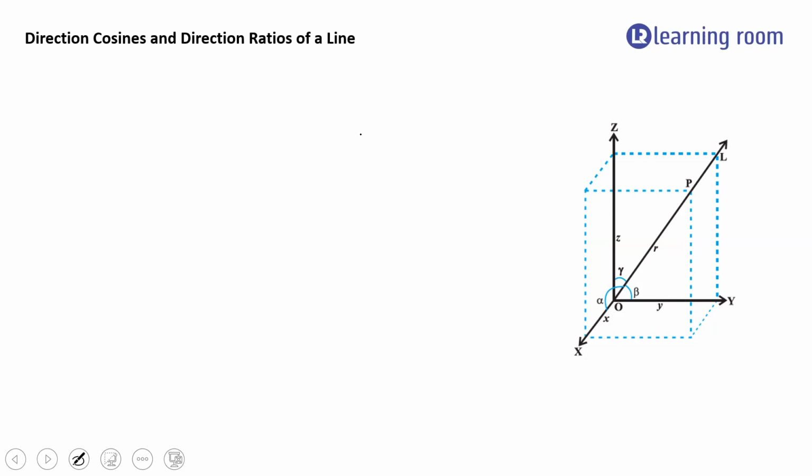Okay, so that has something to do with vectors. So write it down. What do you mean by direction cosines?